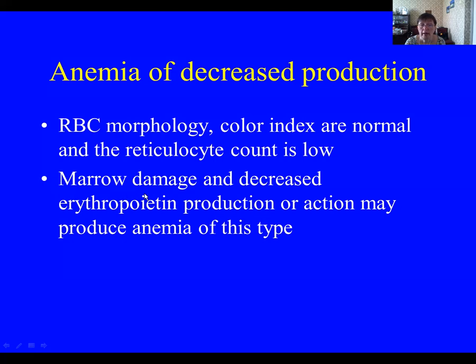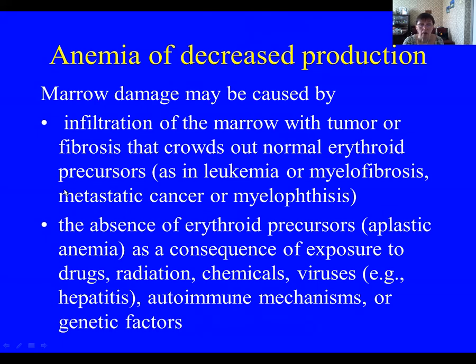And also marrow damage and decreased erythropoietin production may produce anemia of this type. This bone marrow damage may be the result of some leukemia or cancer, or it may be the result of exposure to drugs, radiation, chemicals, or viruses.